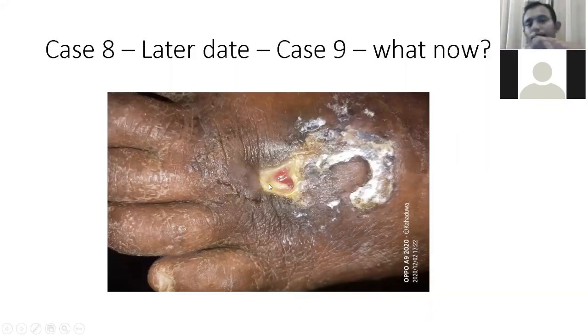Should you jump into it and cut it off and heal it immediately, or just wait? What should you do? What do you all think?